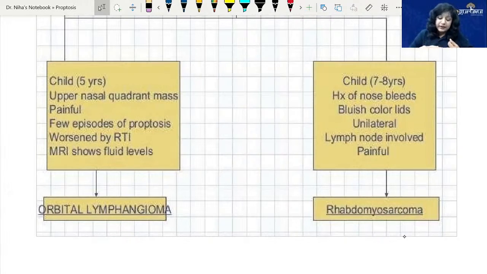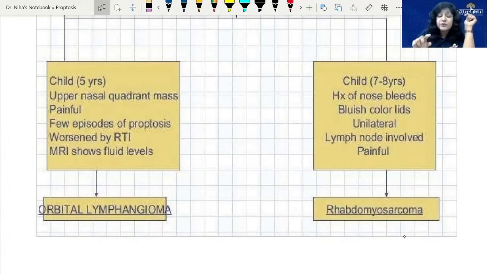It has been having some episodes of proptosis, but a very important thing is that it is worsened by the upper respiratory tract infection. Then it is very much the hallmark, and sometimes they will ask you just this question, proptosis related with URTI. Then your hallmark answer will be lymphangiomas.